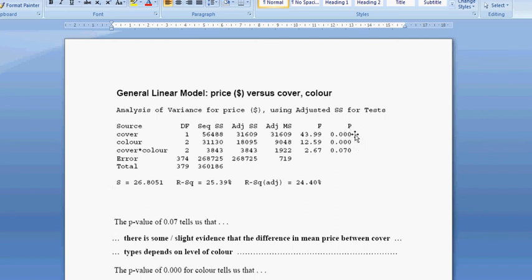So once again, low p-values. The null hypothesis is that there's no relationship. So that's the null hypothesis.